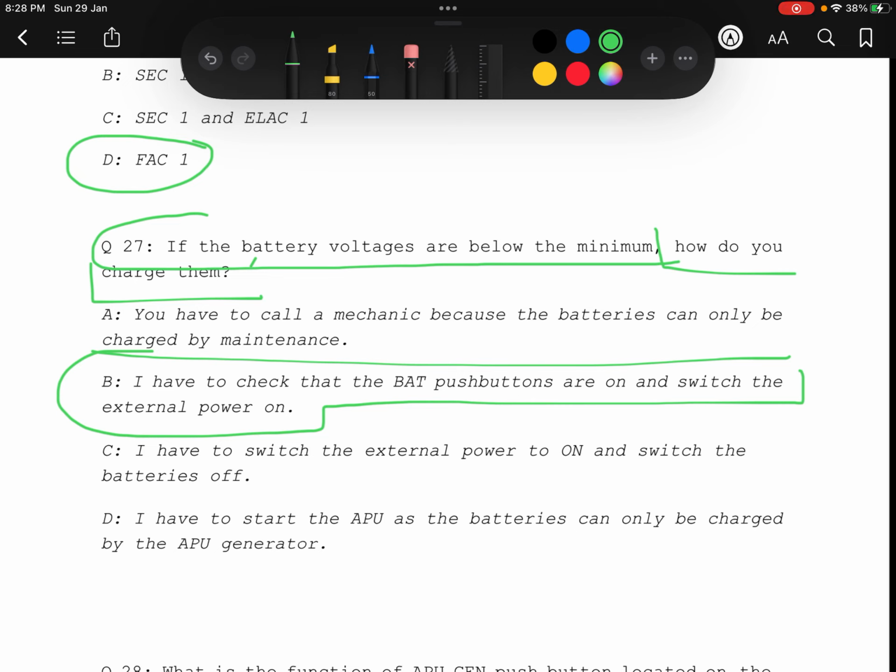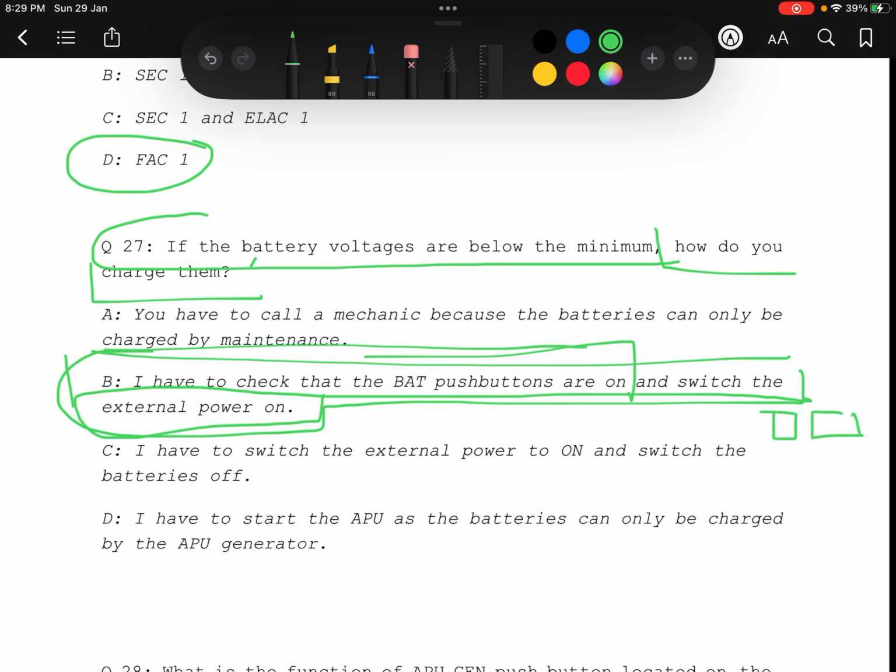By switching on the external power only, you won't be able to charge your batteries. You need to press the battery push buttons on, right? When these push buttons are on, then only, by switching the external power on, will the batteries be charged by the external power.